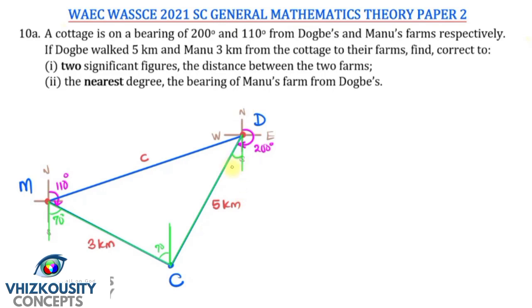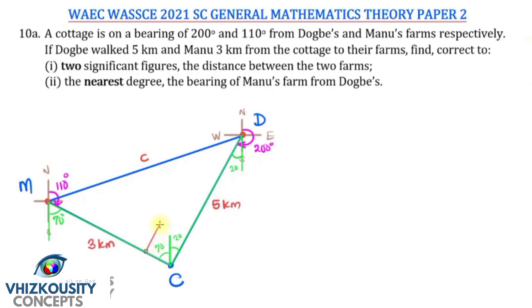So this angle is 200 minus 180, which is 20, and this place is also going to give us 20. And as interesting as that gets, at this particular point C, what we have is nothing but a right angle.